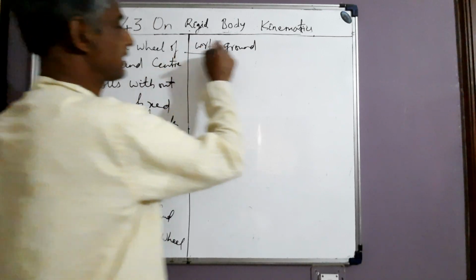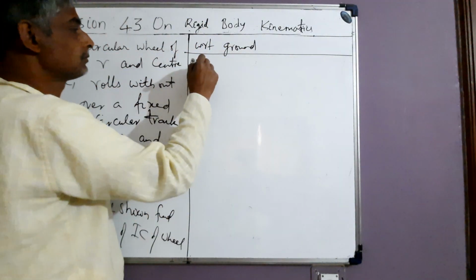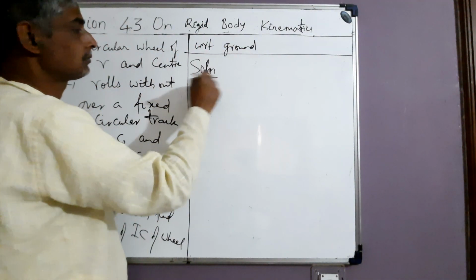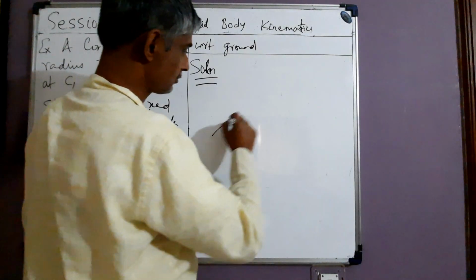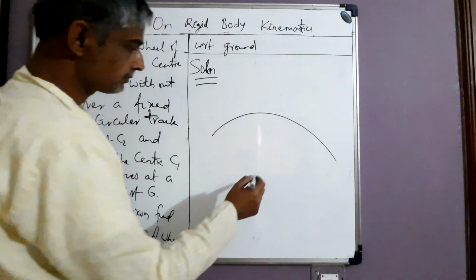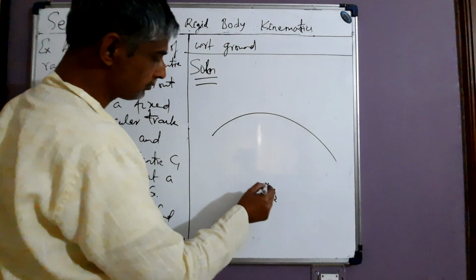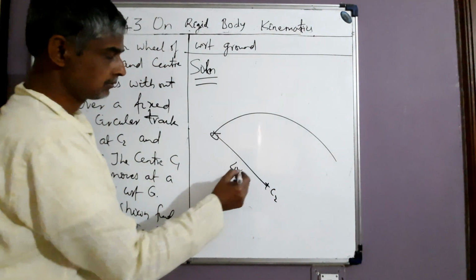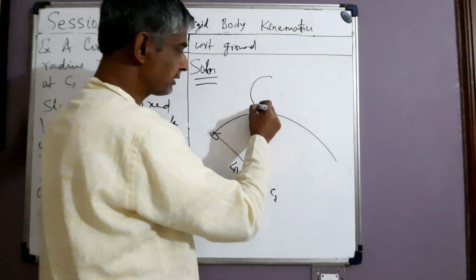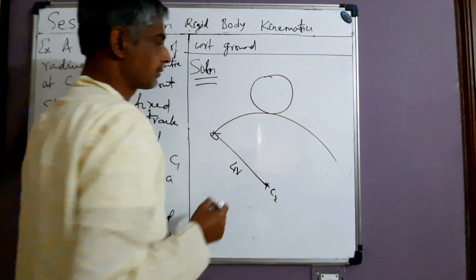So I draw the diagram of the situation. This is the circular track. This is the center C2. This radius is given to be 4r. The wheel is at the highest location on the track.